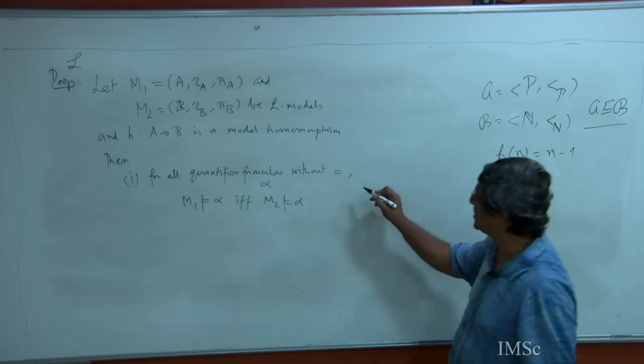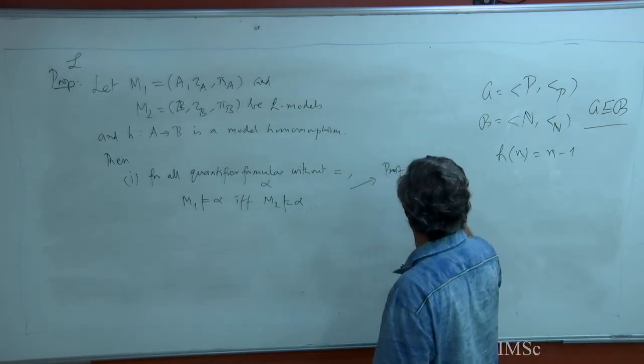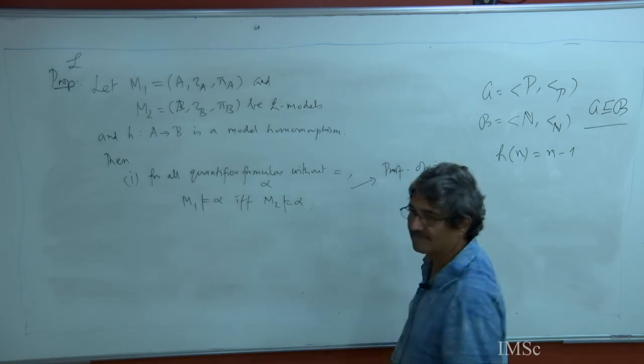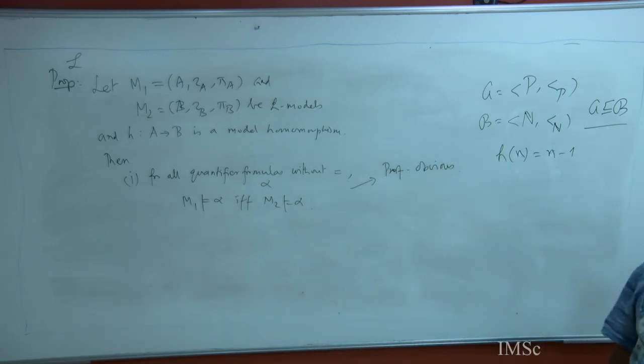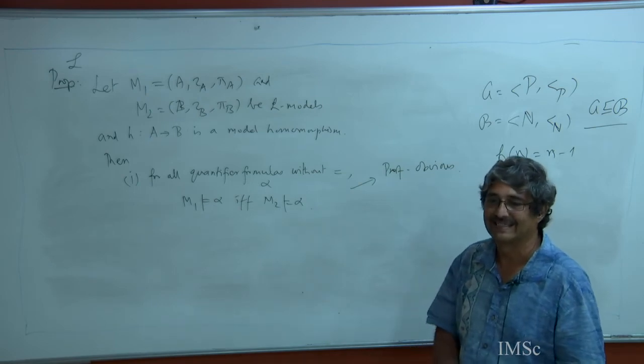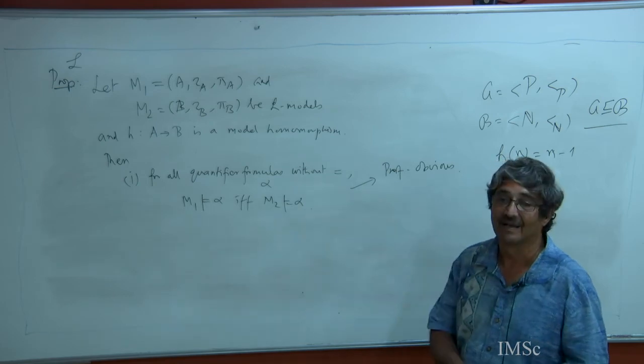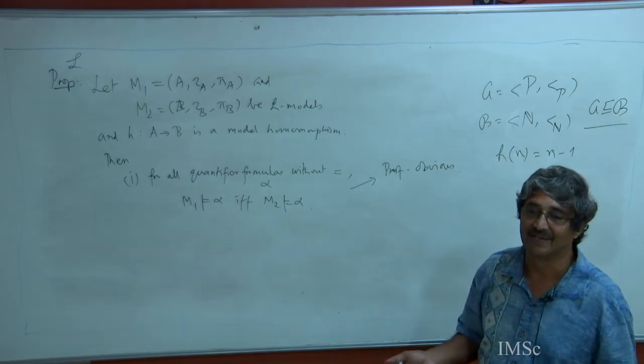And this proof is obvious. Why? Well, if it's a quantifier free formula, what is the base case? Well, it can't be equality, only a predicate symbol, right?